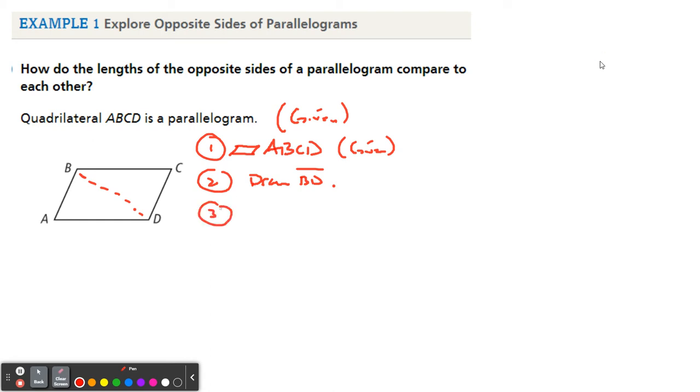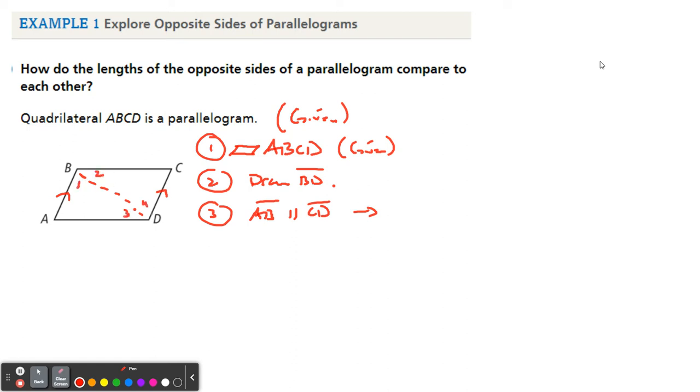Okay, so step three, and again, this is like an informal proof, right? So segment AB is parallel to segment CD, right? We know that because that's the definition of a parallelogram. So if AB and CD are parallel, what I'm going to do here is introduce some angle numbers. 1, 2, 3, and 4.